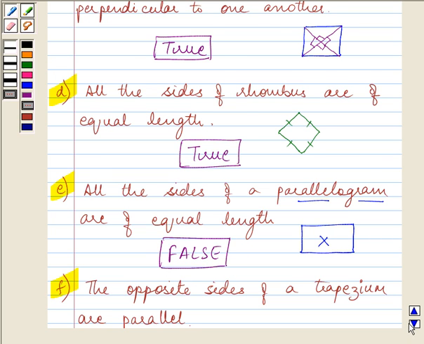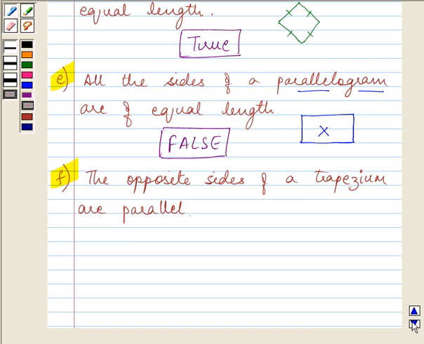statement. Proceeding on further, the opposite sides of a trapezium are parallel. If we know the figure of a trapezium, the answer will be very easy for us. This is a trapezium. One pair of opposite sides of a trapezium are parallel, but the other sides are not parallel to each other, as if we extend these lines, they will intersect at a point.